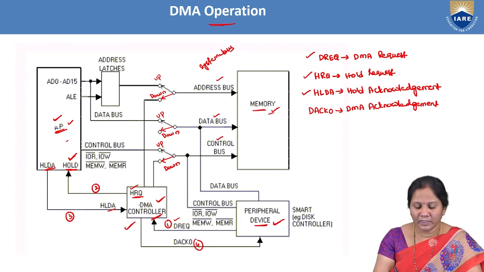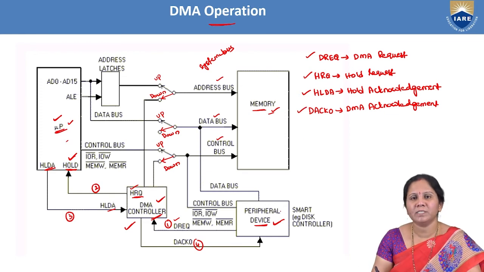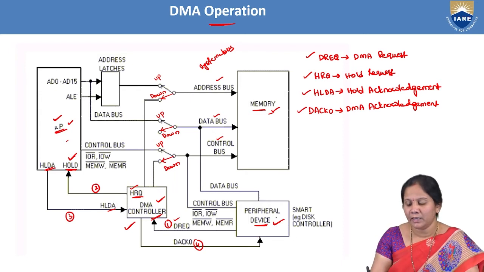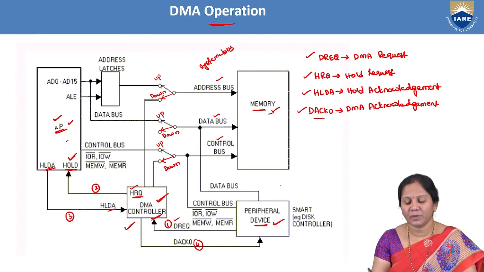Now, after receiving the hold acknowledgement signal, the DMA controller sends the DMA acknowledgement signal to the IO device. Once the IO device, that is the peripheral device, gets this DMA acknowledgement signal, it understands that the system bus access has been taken by the DMA controller, and now the data transfer can happen directly between this peripheral device and memory.